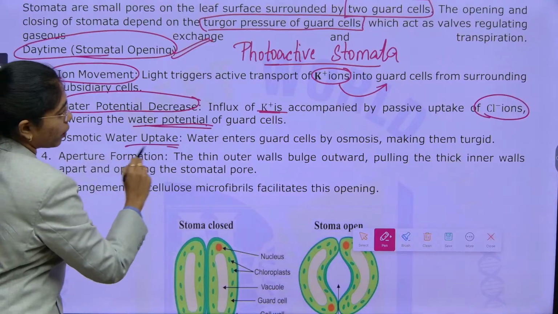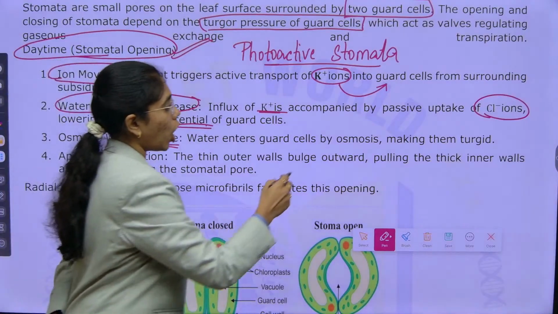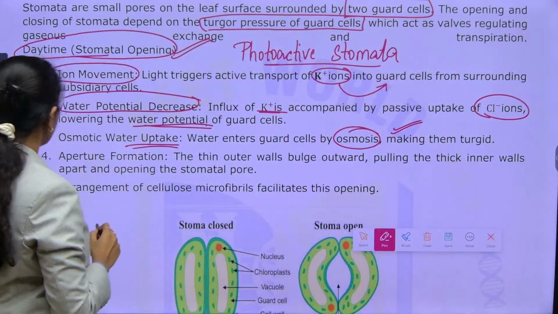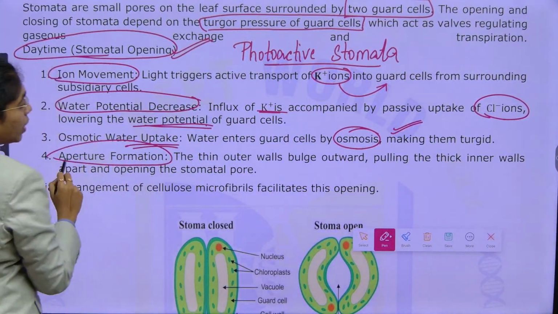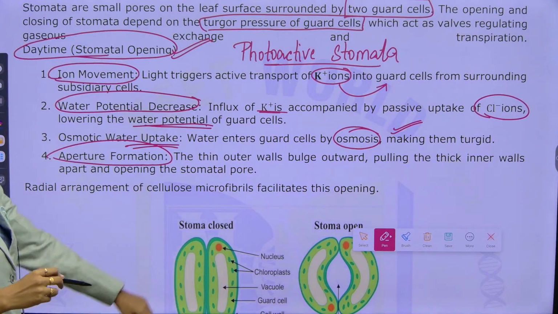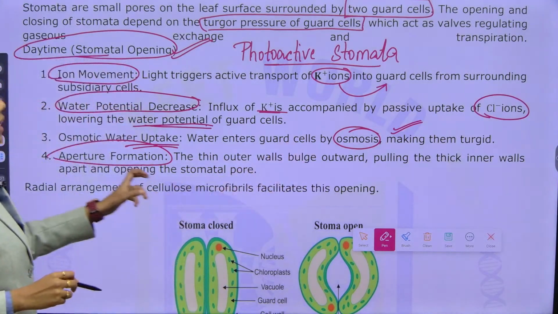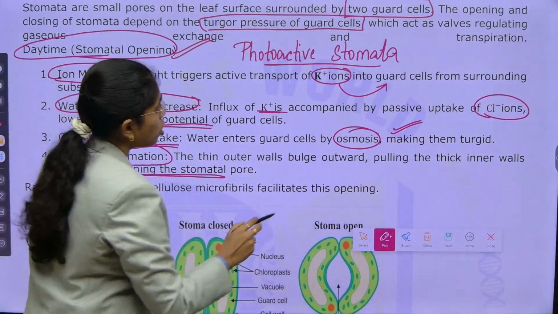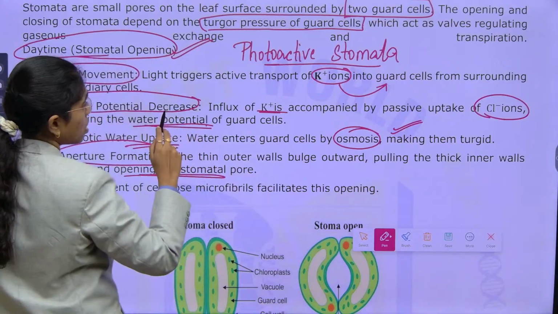Osmotic water uptake: water enters the guard cells by osmosis. This will make the guard cells turgid. Aperture formation: the thin outer layers will bulge outward, pulling the thick inner walls apart, opening the stomatal pore. So, these will be the inner walls.